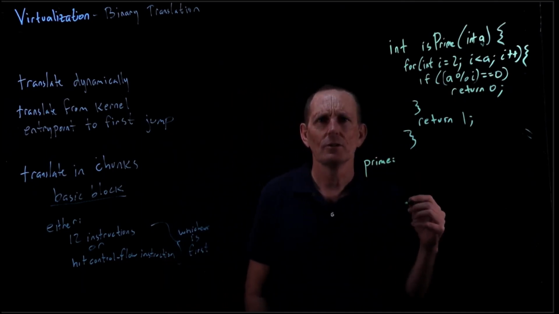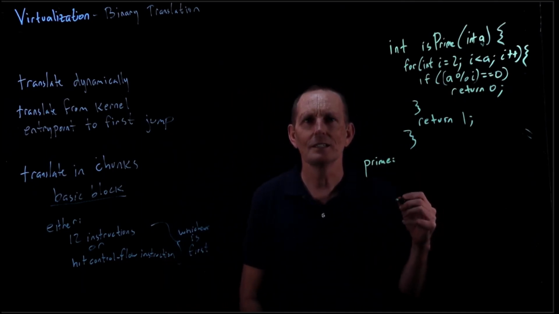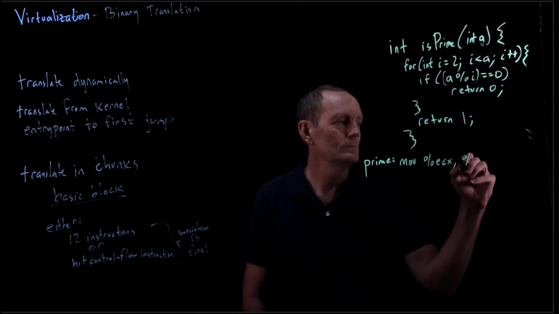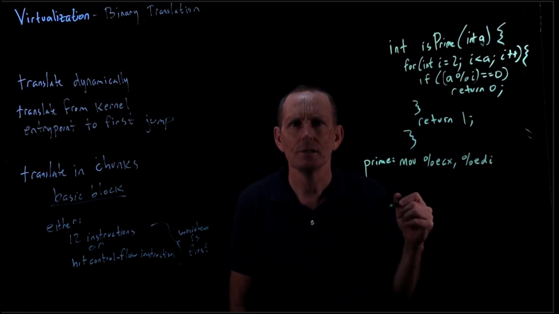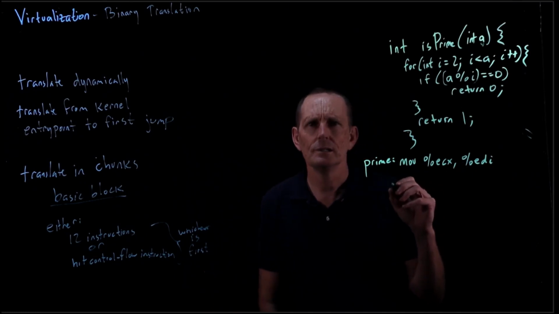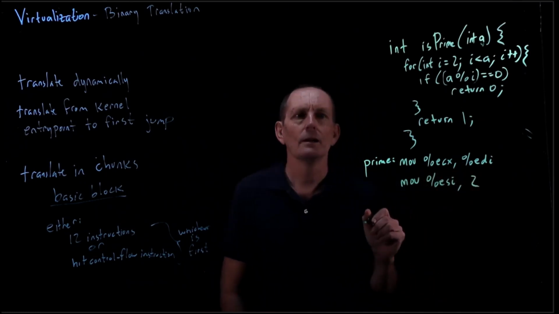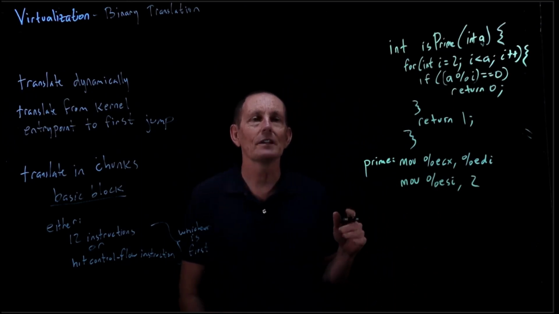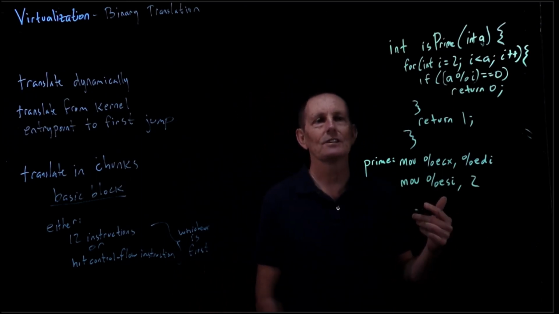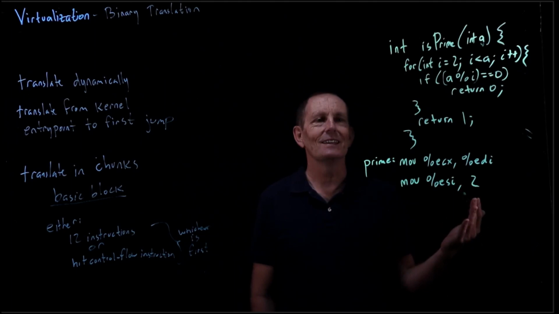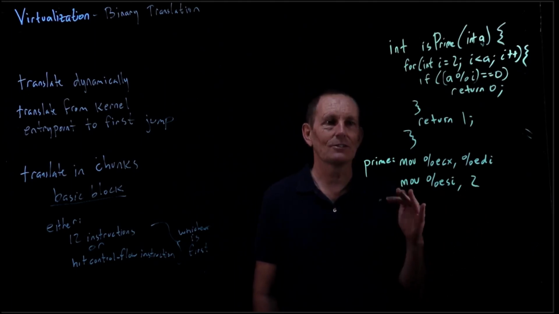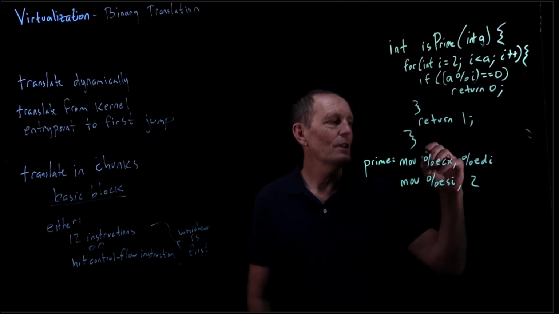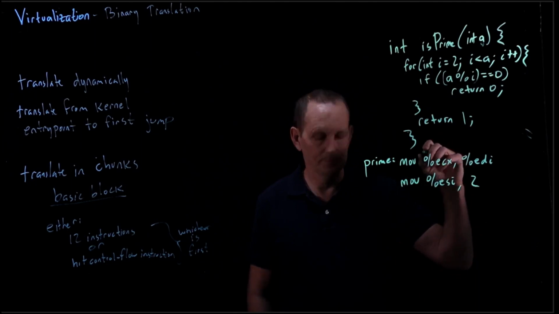Okay, so first we'll move, let's say, ECX into EDI. We're going to look at some disassembly of this. One thing to note is it's not using GCC calling conventions, and also this is using the Intel syntax rather than AT&T syntax. So this is the destination.